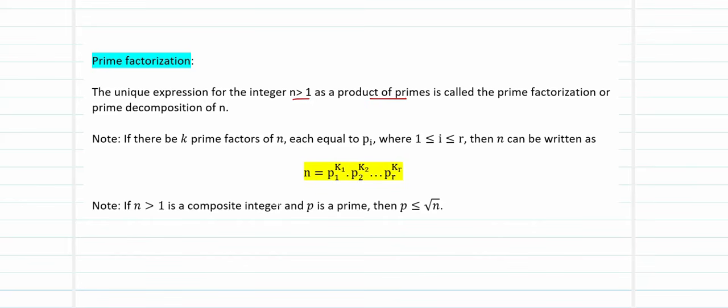And we can see that if n is a composite integer and p is any prime number dividing it, then the prime you will have to find will always be less than or equal to the square root of n. We will see it by an example. Suppose we want to do the prime factorization of the number 100.